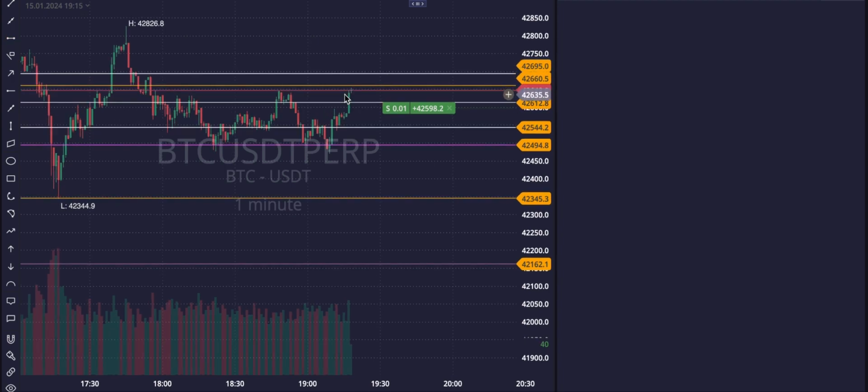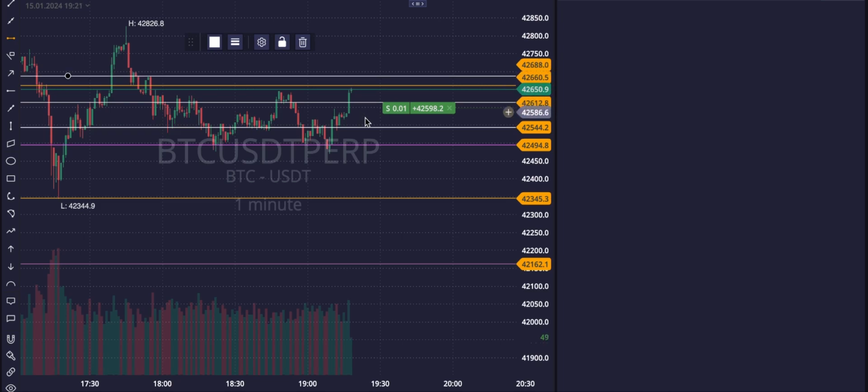So if I break this area, it could very well come up to that area. I always look at the candles where it consolidated and mark the high of that candle. And those are just guides, a visual guide to help us as to where our next level of support or resistance is. And you see it broke through the white line, but it did not make it past my yellow line, right?